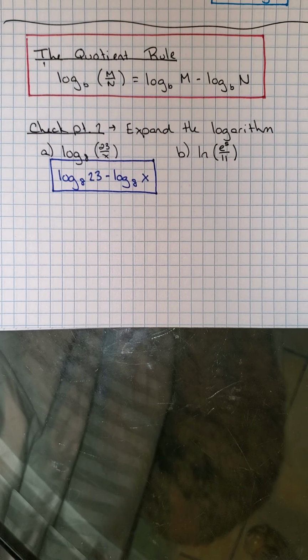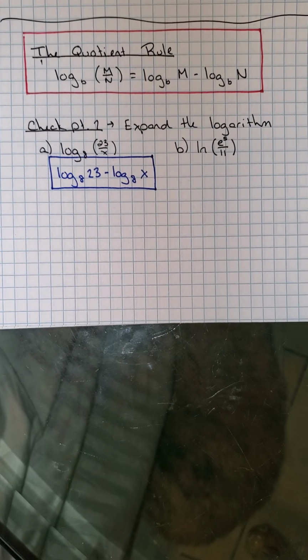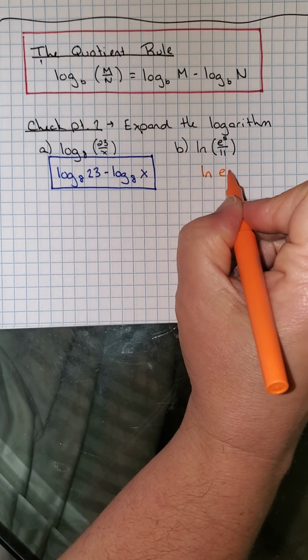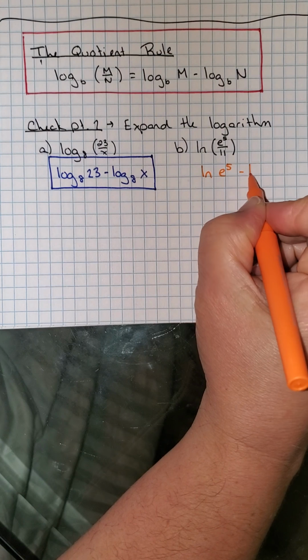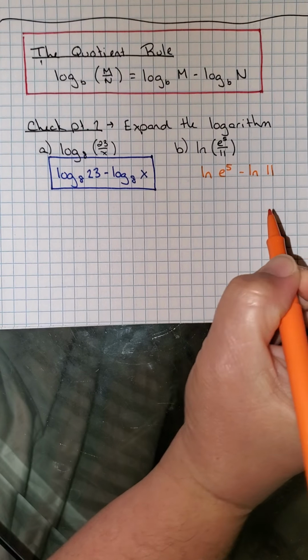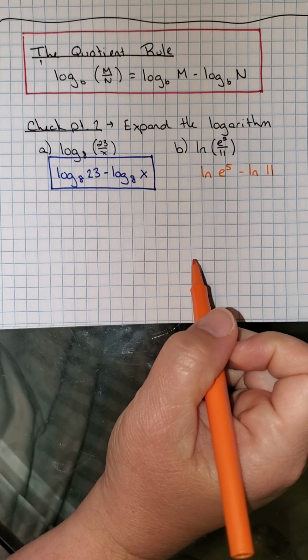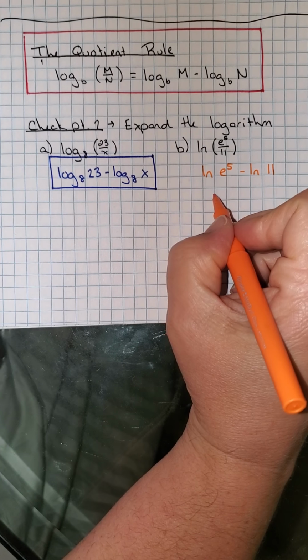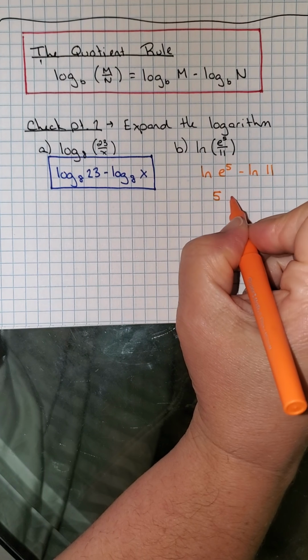Alright, for b, I'm going to do the same thing. We have two things being divided, so we'll make it subtraction. So we'll have the natural log of e to the 5th minus the natural log of 11. Now, natural log of e to the 5th. That's e to what power is e to the 5th? So that's actually just 5.